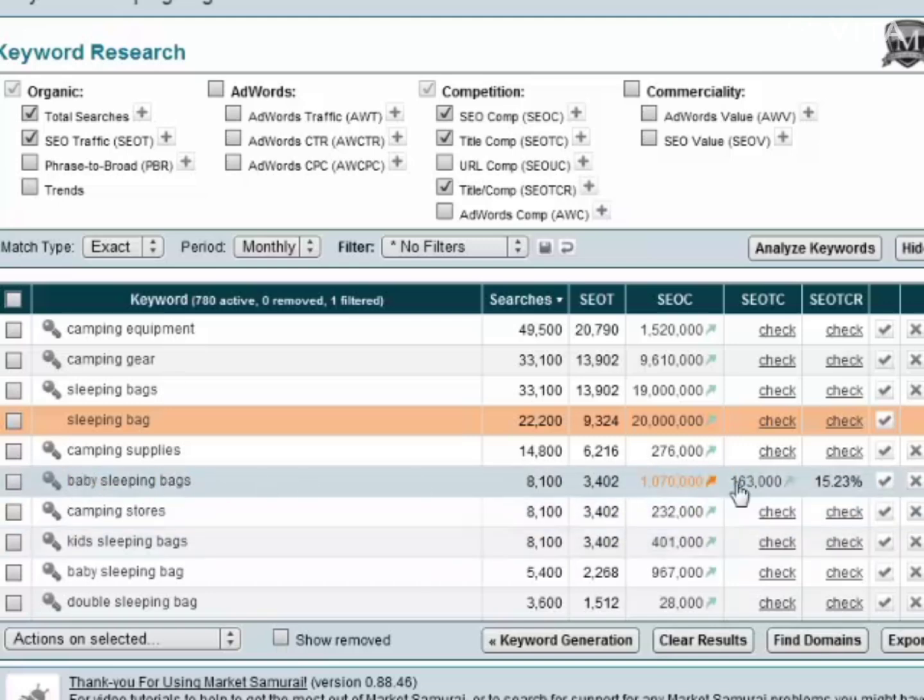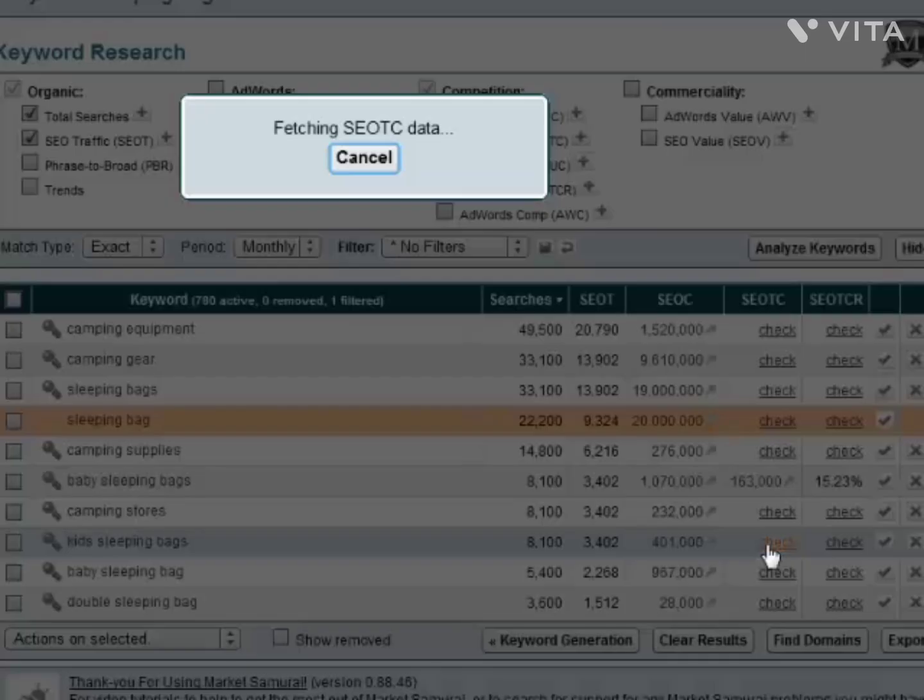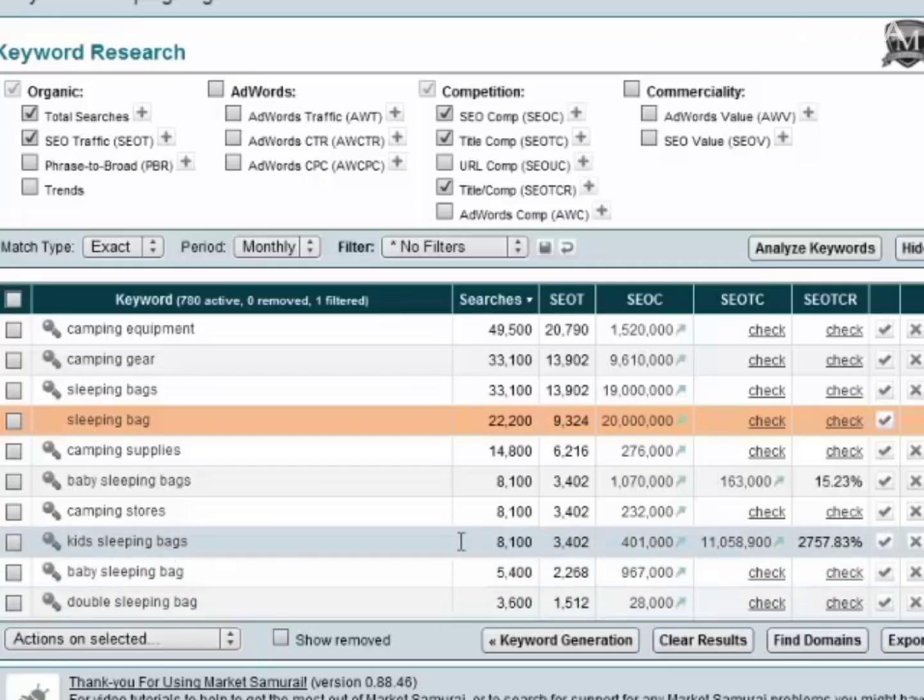And then we have baby sleeping, then we have kids sleeping bags. Let's check that one. For kids sleeping bags, there's 11 million different websites with that in their title tag, compared to baby sleeping bags, which only has 163,000.